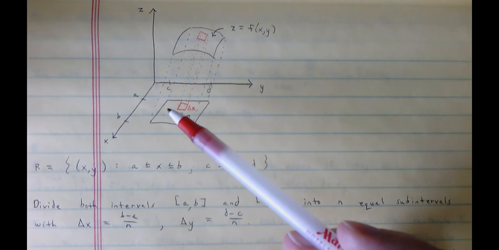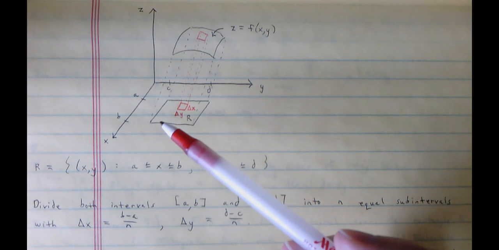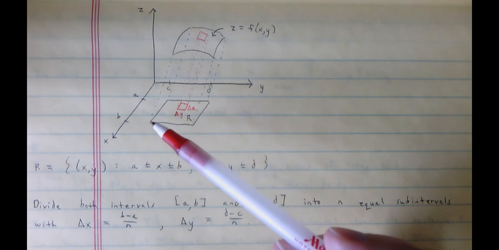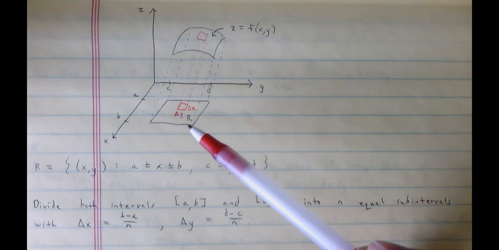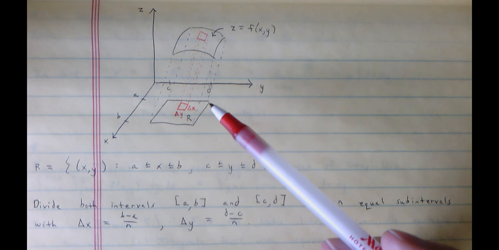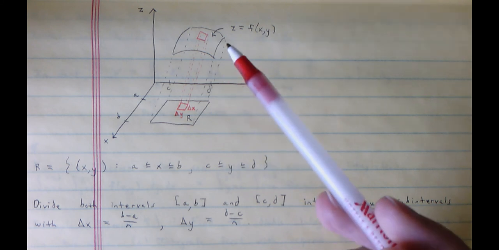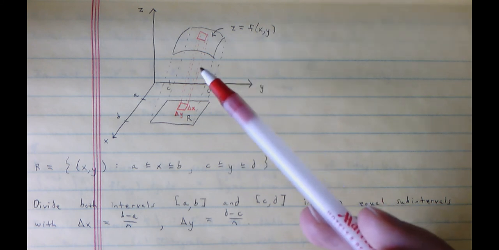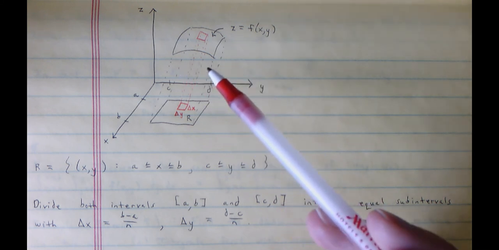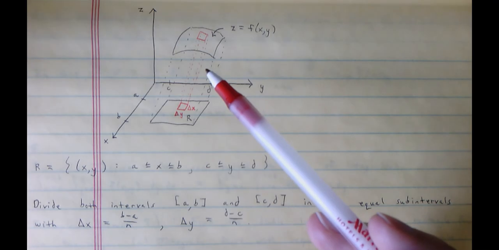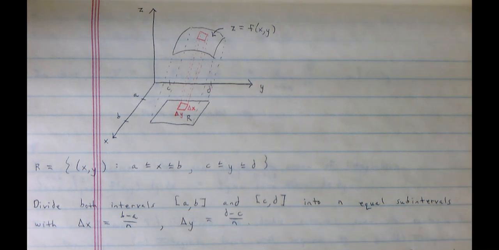What we want to do is find the volume of this three-dimensional object formed by looking at what's trapped between this rectangular region R and our surface z. And I didn't intend for this to be leaning so much, but I think you can at least get a visual of what we're trying to do here.